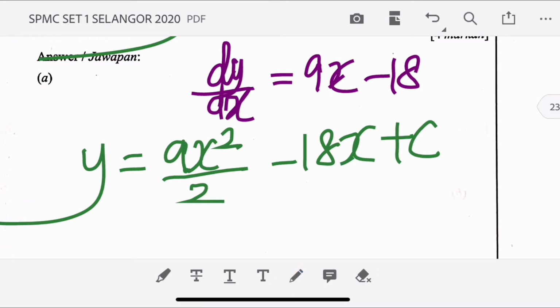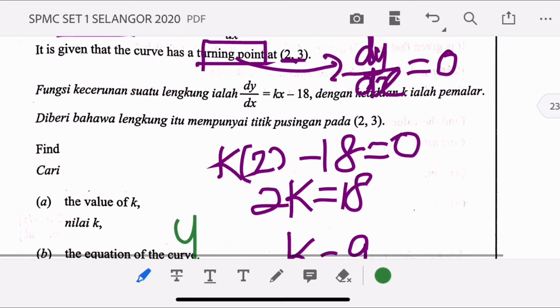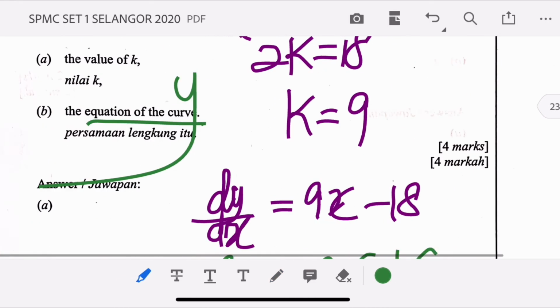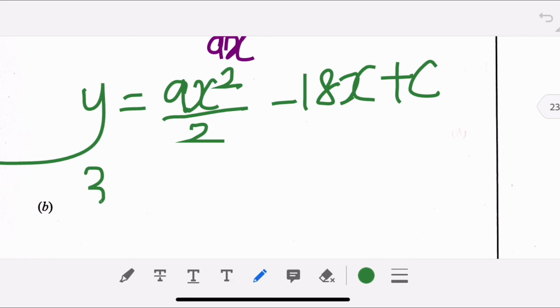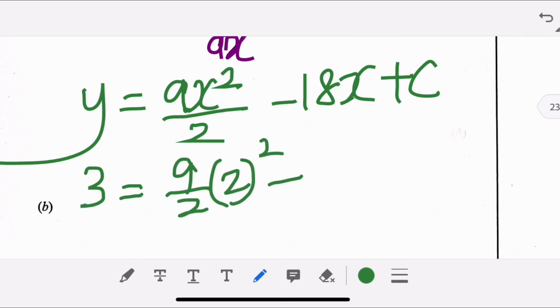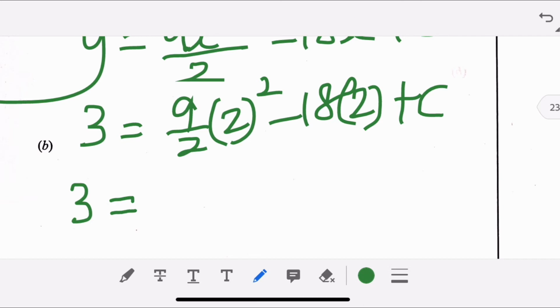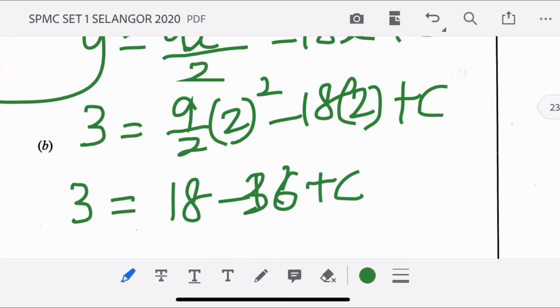So don't forget, you have to find the c by using the point 2, 3. So 3 is 9 over 2 square minus 18 times 2 plus c. So 3 is 18 minus 36 plus c.